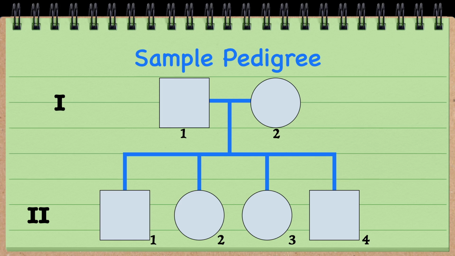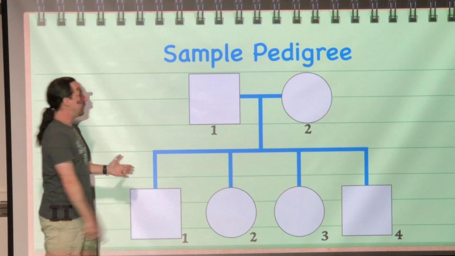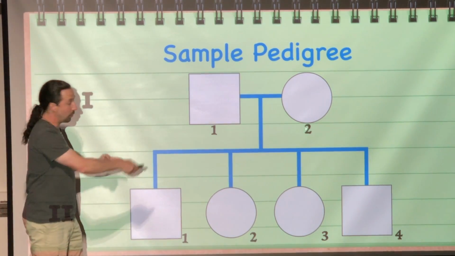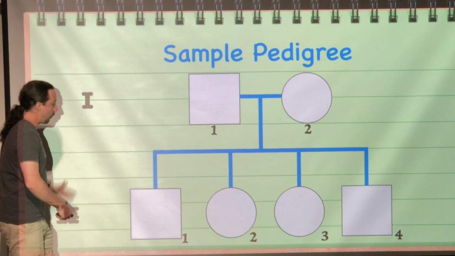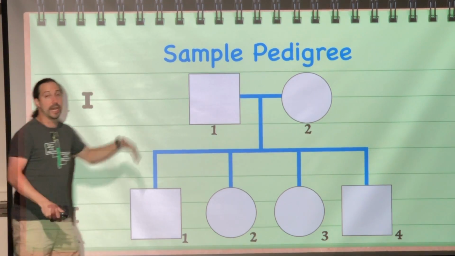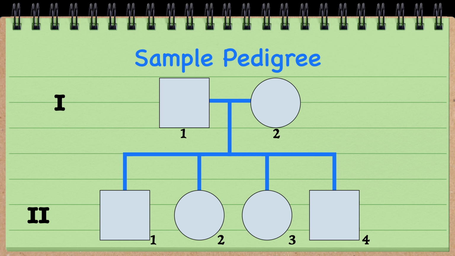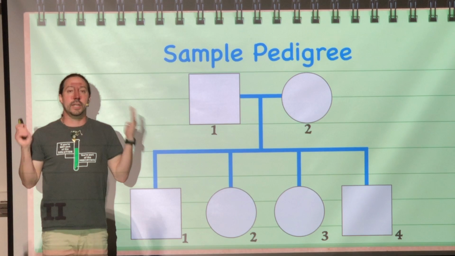The male parent here would be identified as individual 1, 1. The female parent would be individual 1, 2. And we could do this on the lower end as well, where all of these individuals could be identified by the Roman numeral first and then whatever Arabic number designation there is next to them. And that is the way that we would identify each of our different individuals.